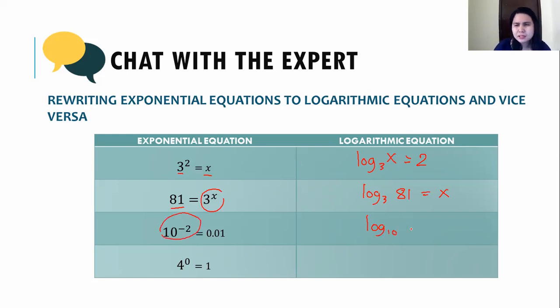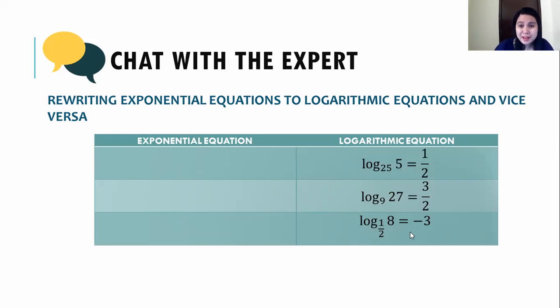What's the answer? 0.01. What's the exponent? Negative 2. And since you have 10 here, it's okay not to write it. The next, what's the base? 4. The answer, 1. The exponent, 0. Any questions?